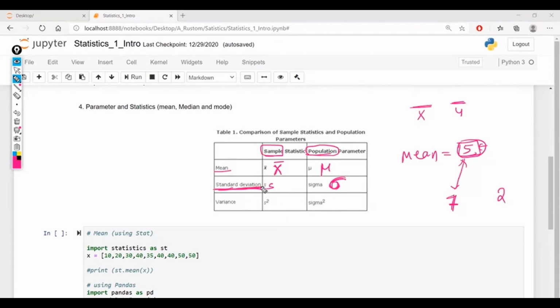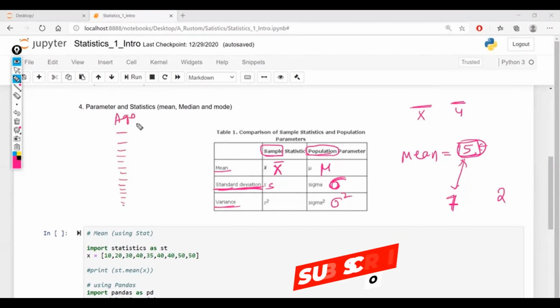Right? That is about a standard deviation. And variance is simply the square of this standard deviation, right? S square and sigma square is the variance. So when I say variance, basically I have so many data here, suppose say age.